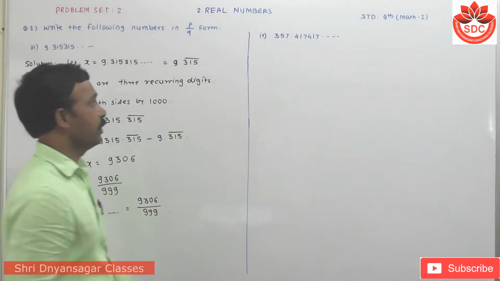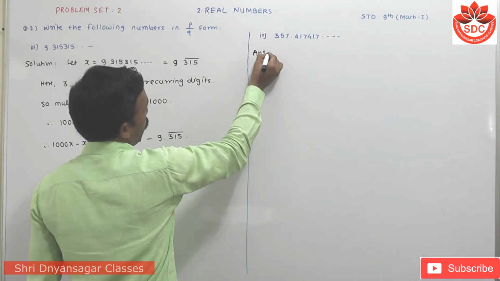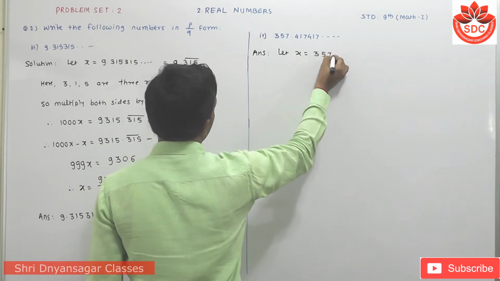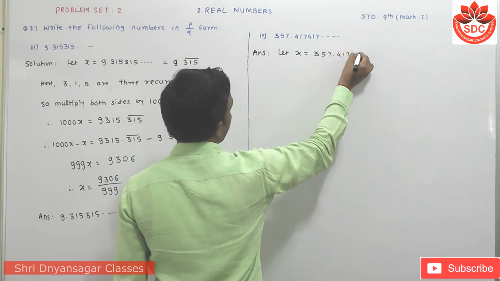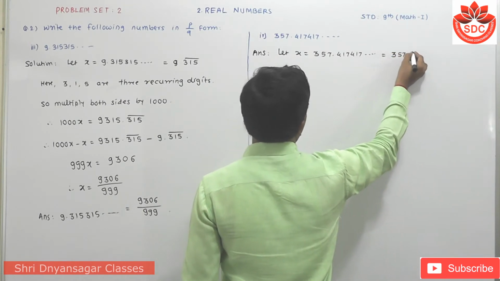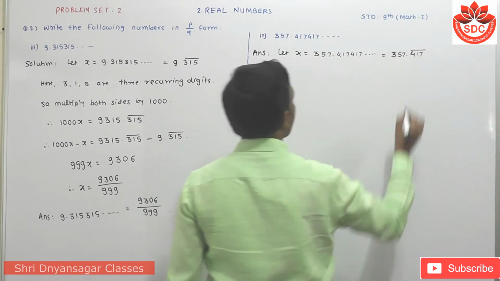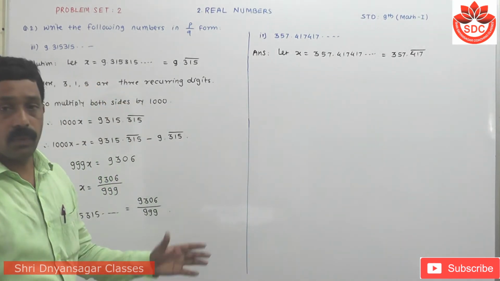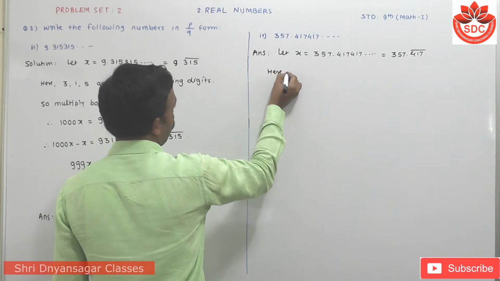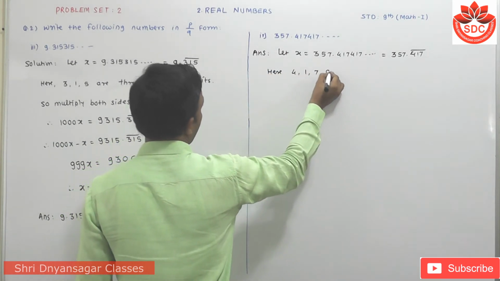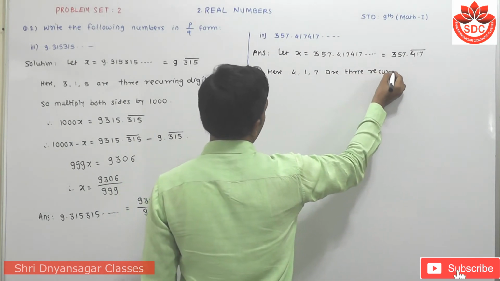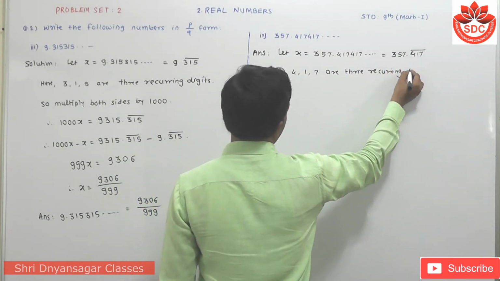Then we take the next one. The answer of this question is also, let x be equal to 357.417417 recurring, meaning 357.417 recurring. Also here 417 are the recurring digits. Here 417 are 3 recurring digits.